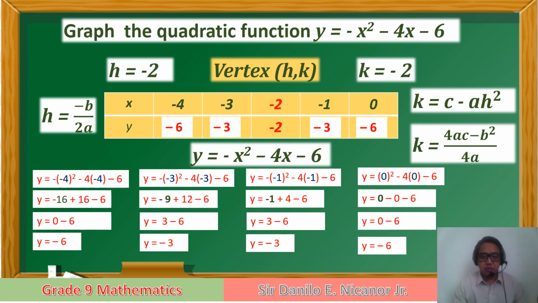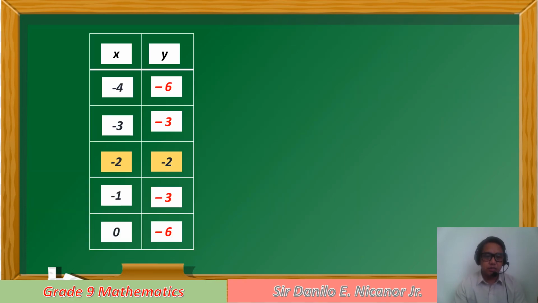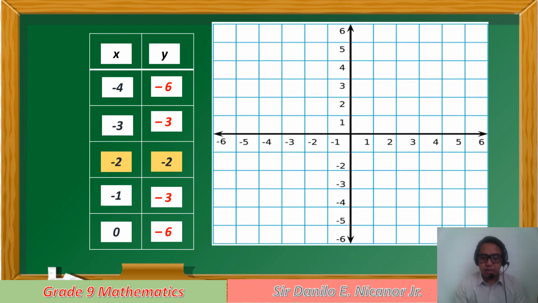So, let's graph it. This is the table we got, with the values in our table. Let's go one by one. First, the vertex: negative 2 is our x, so let's move 2 to the left and then 2 downwards. The vertex will be here.